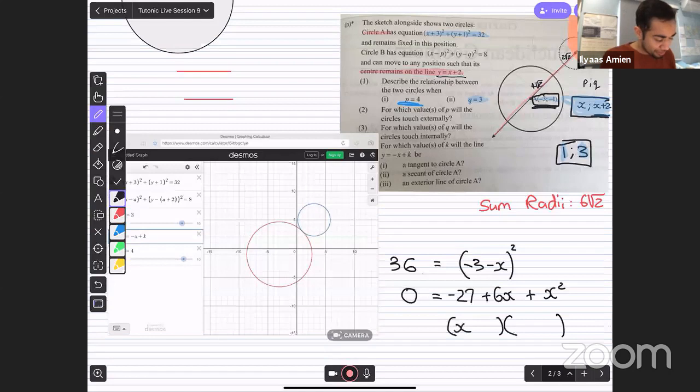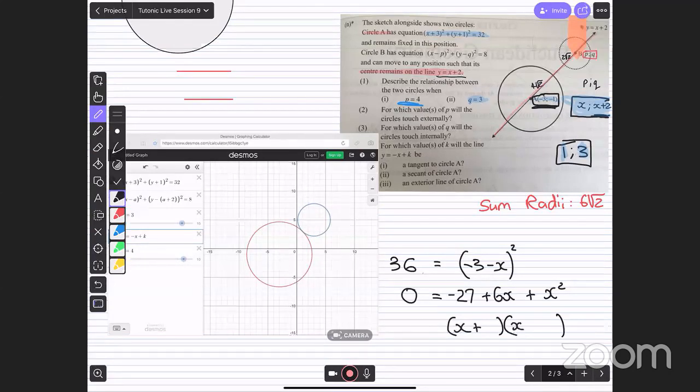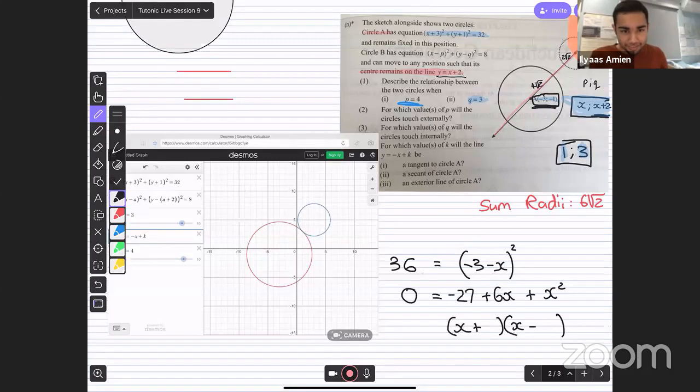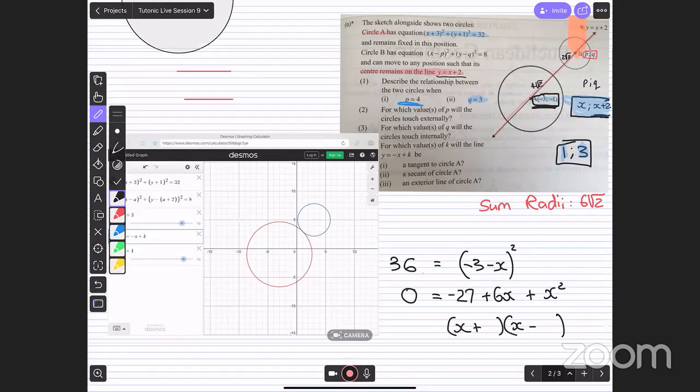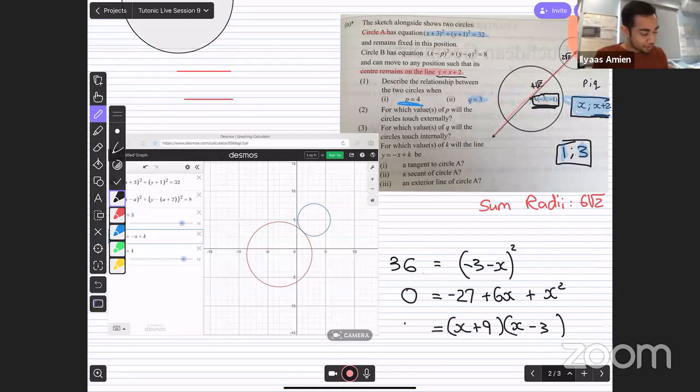Yeah, but x plus what? x plus 9, x minus 3. Remember, guys, your factorization is very important because they could say to you in the exam, solve this without using a calculator. Then you would have to know how to factorize. So what's the answer?